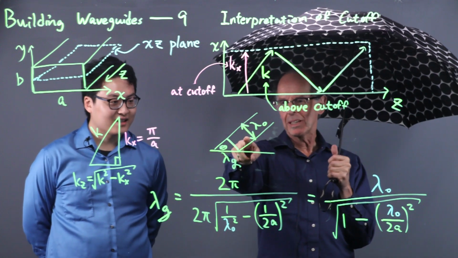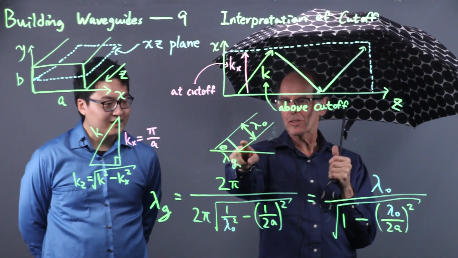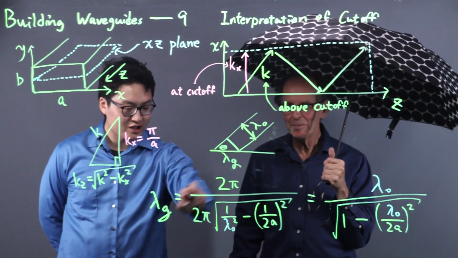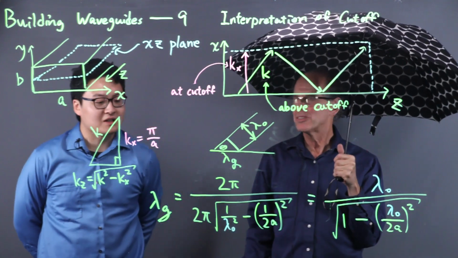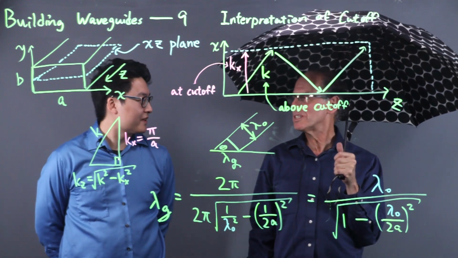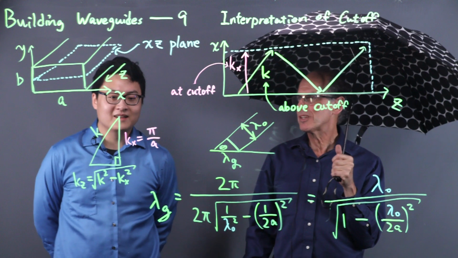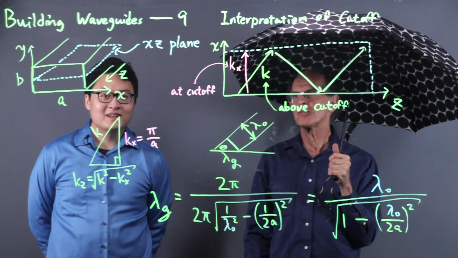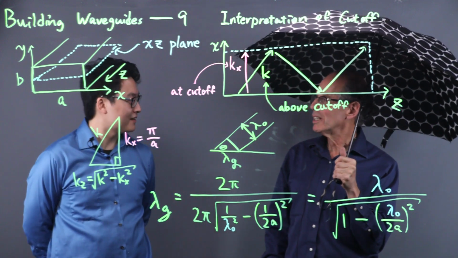And it's bigger than lambda naught. It's exactly the same as what we have here. Well, this is a great visualization of what we just talked about, the lambda g and lambda naught. Yeah, so we just have simple geometry at the beach, and it's in the xz plane. Of course, there's going to be more complicated bouncings, but this is a simple one because we're doing TE10.